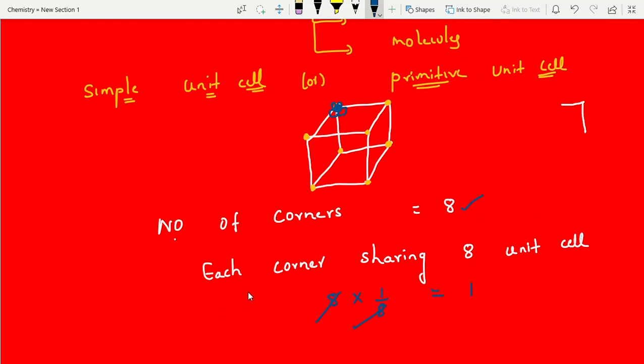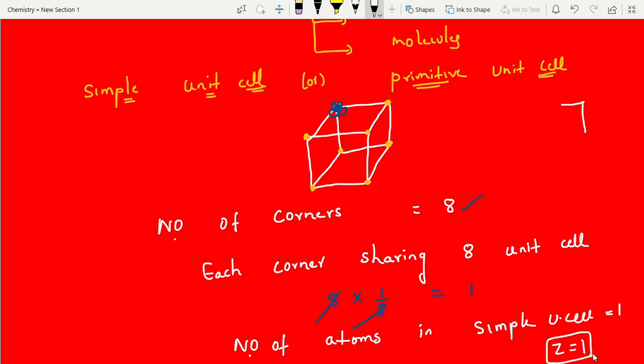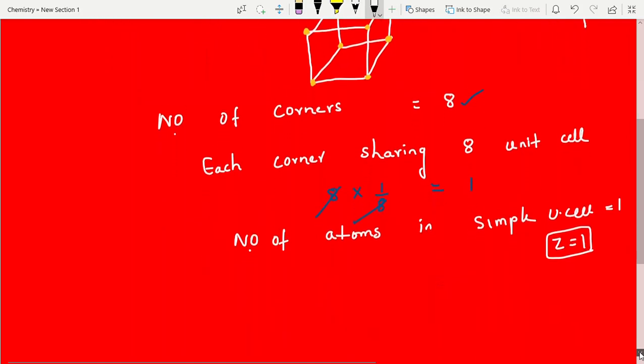So the number of atoms in a simple unit cell equals 1. Clear?